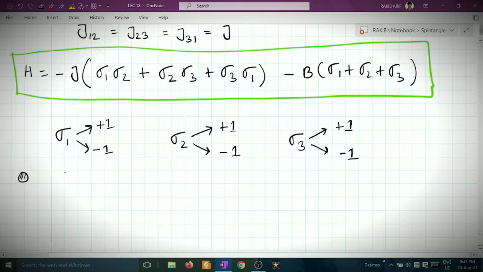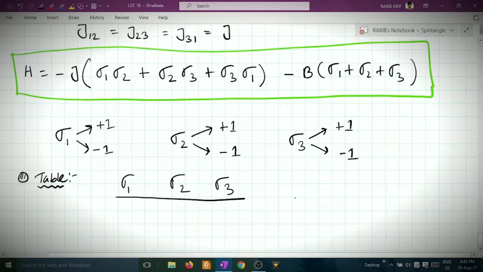So the table will be of the possible spins sigma_1, sigma_2 and sigma_3, and for each possible combination there will be an energy, calculated from the Hamiltonian value.